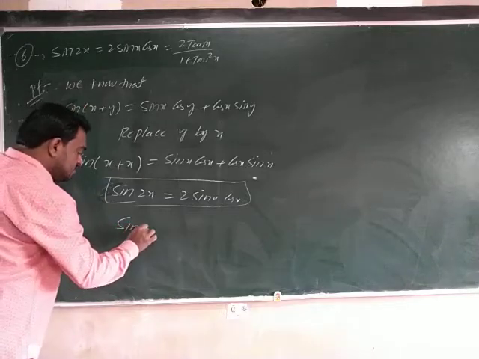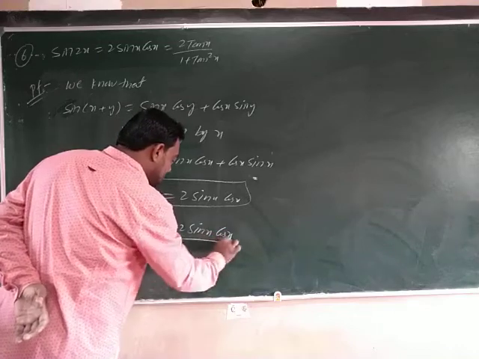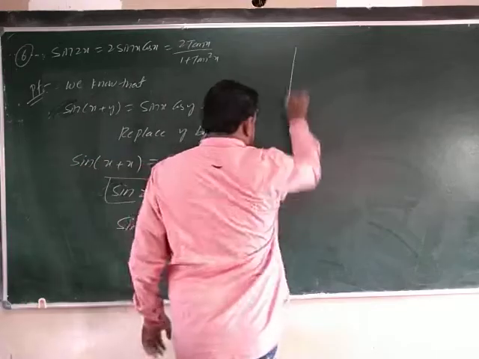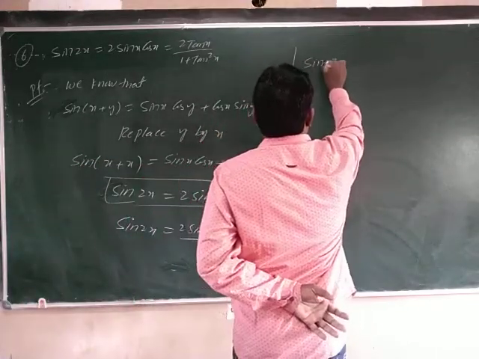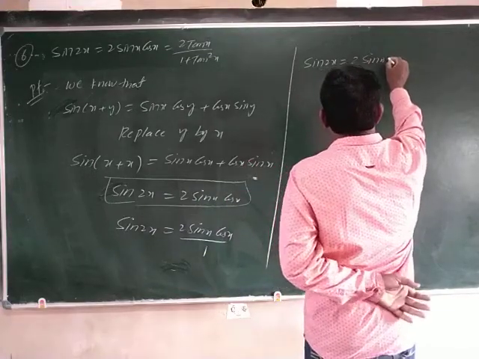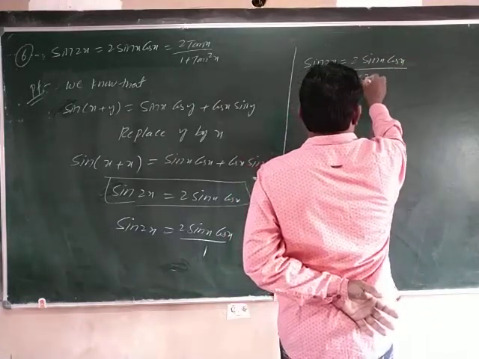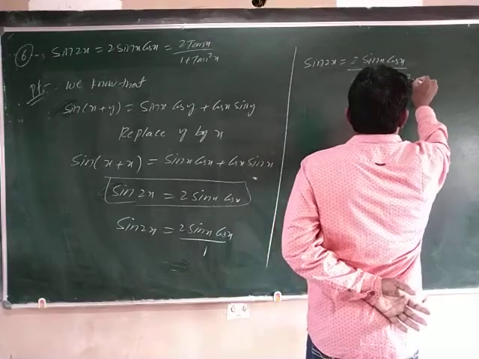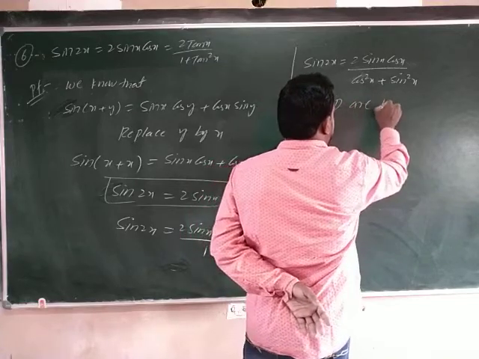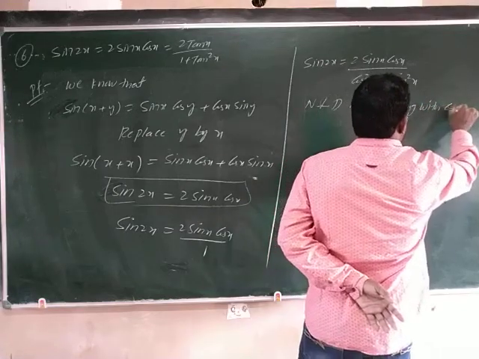Next we will see sin 2x is equal to 2 sin x cos x by 1. Now this is equal to, I am writing the trigonometric identity, that is cos square x plus sin square x. Now numerator and denominator are divided by cos square x.